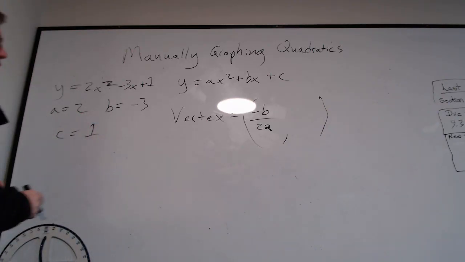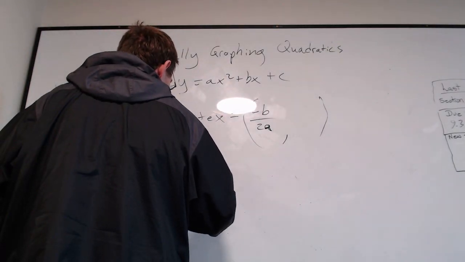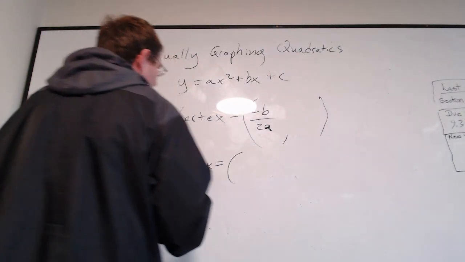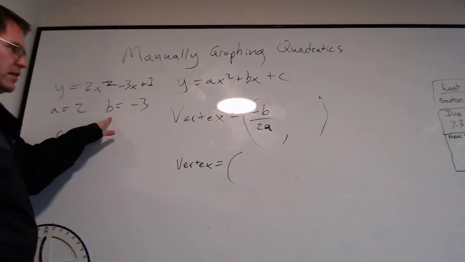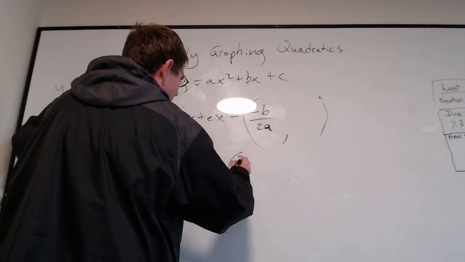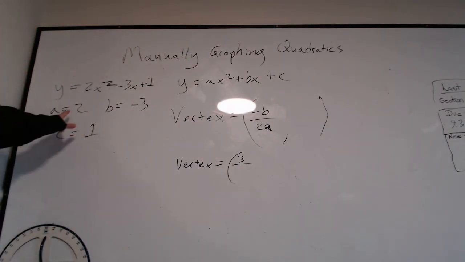Okay, so our vertex equals, so what's negative b? 3. Negative b is 3. And then what is 2 times a? 4.